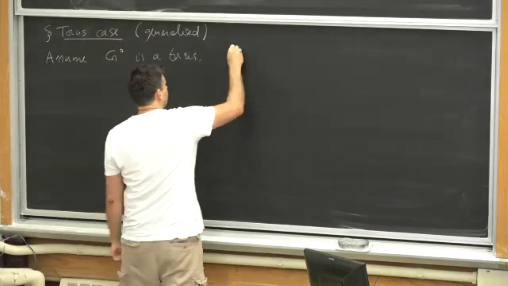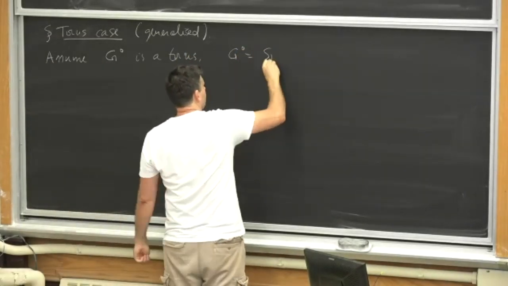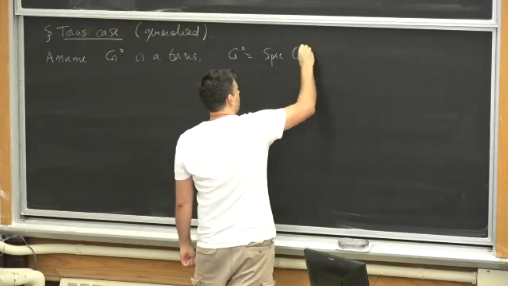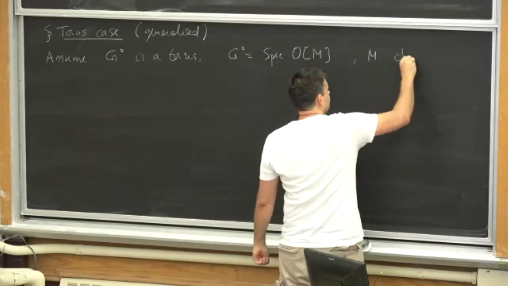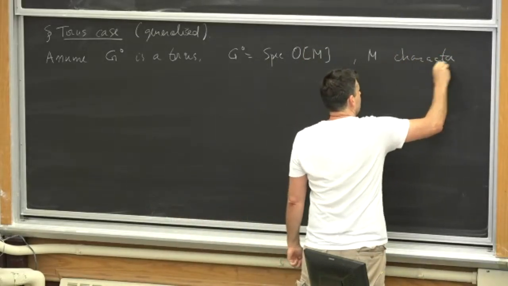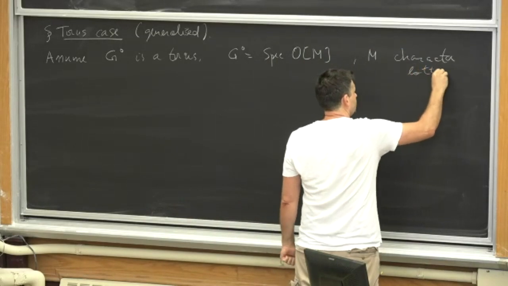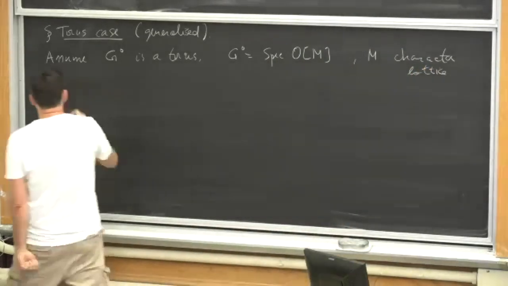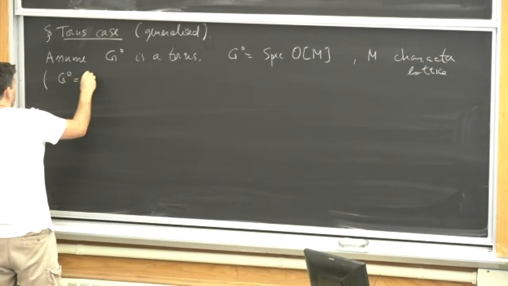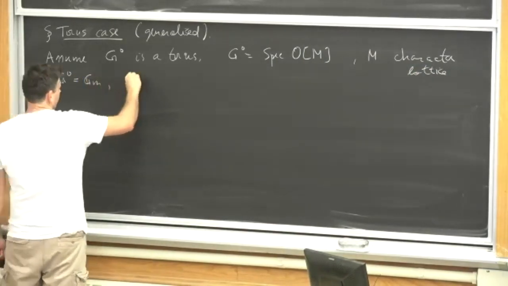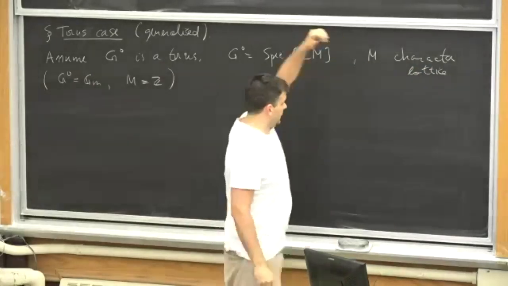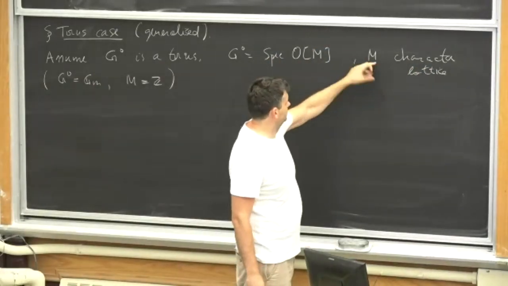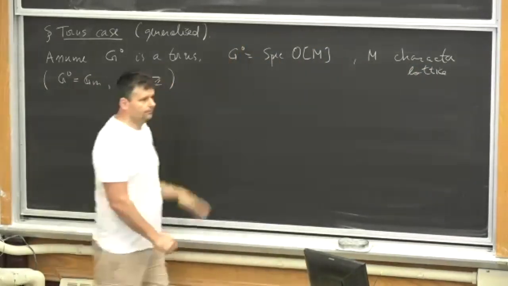Is a torus, and I can write this G0 as Spec of M, where M is a character lattice like this. So for example, if G0 was Gm, then this M would just be Z. And in general, this is a finite free Z-module.